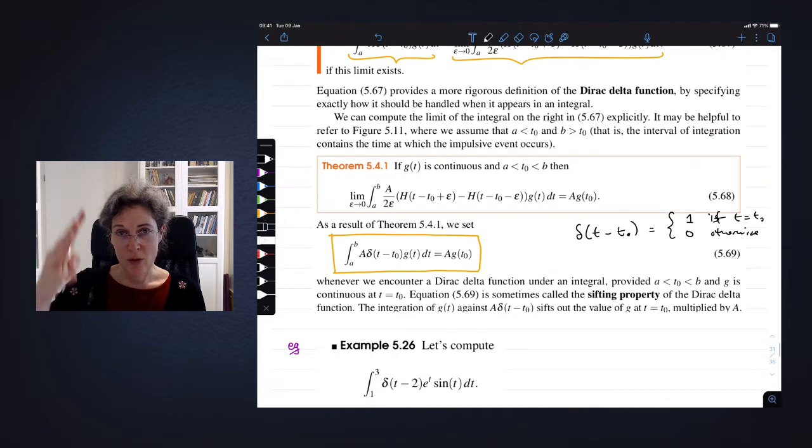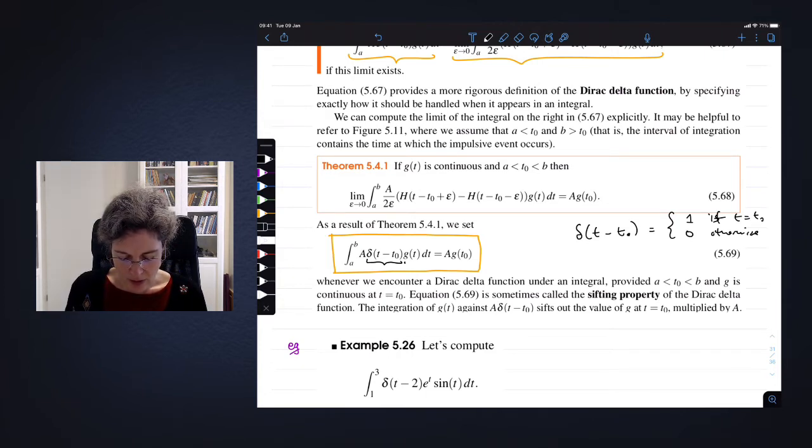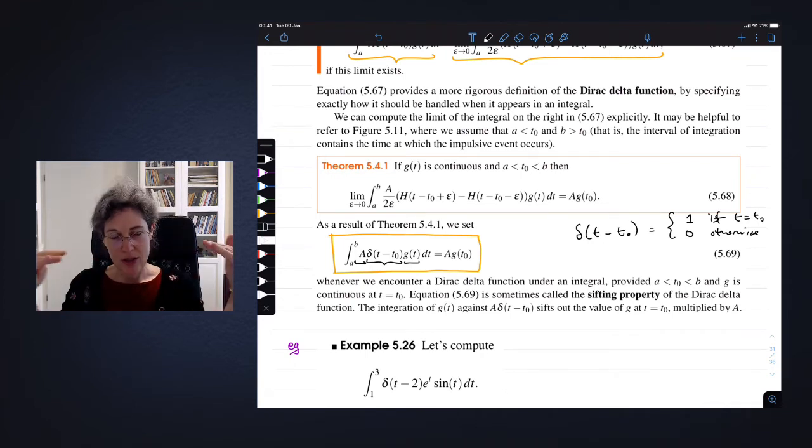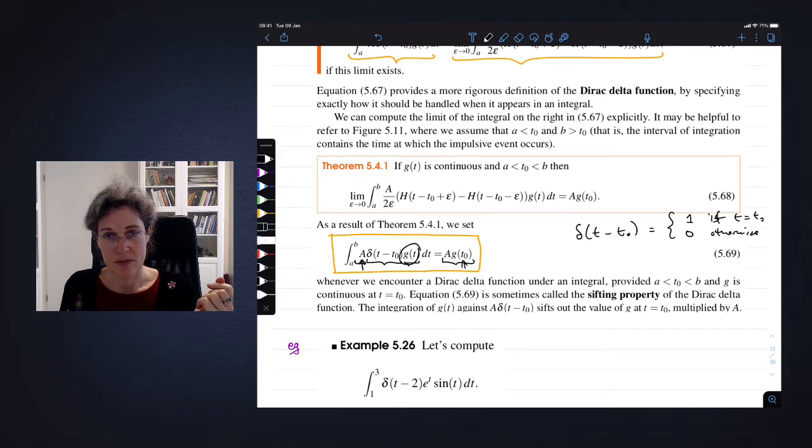So ignoring all the crazy definitions, if you've got a delta function inside an integral and you've got some other function times a, then your delta function is 0 everywhere except at the point where its argument is zero, where it's equal to 1. So what you should end up with, and which is why we've defined the delta function in terms of the integral, is your function just evaluated at t0 times your constant.